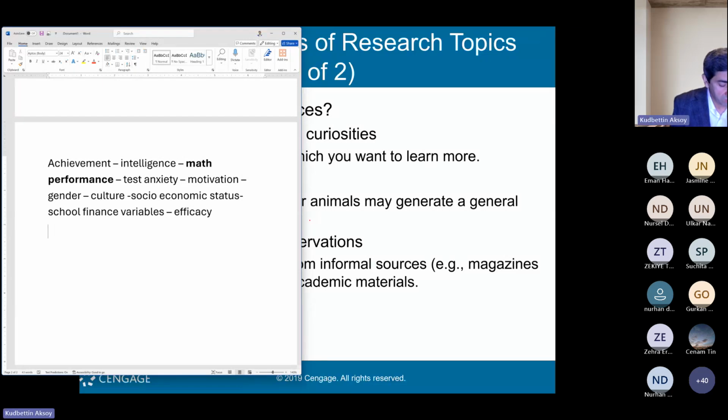Now I'm going to write a research question. Does test anxiety cause math performance? I will first write it as most students write. Then I'll tell you why.